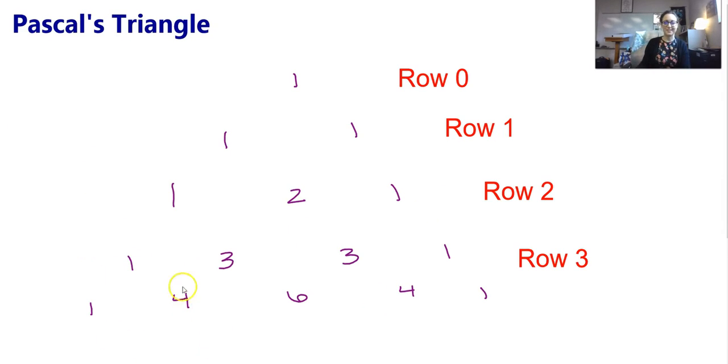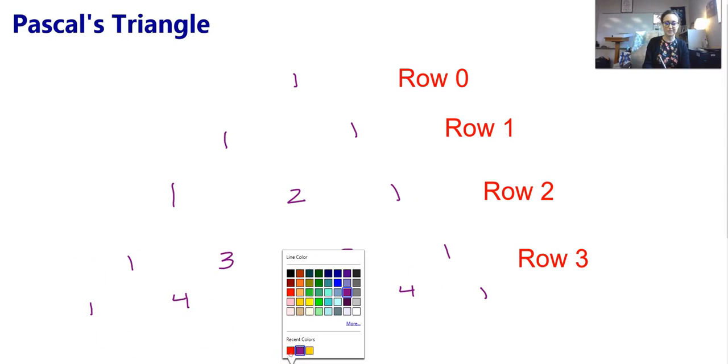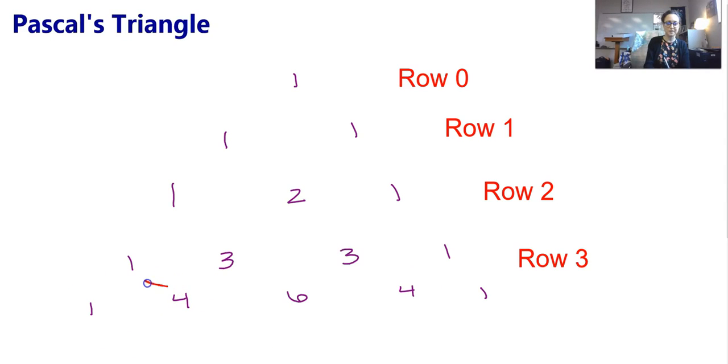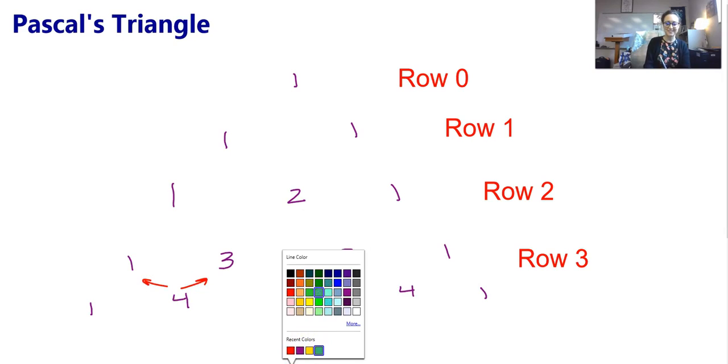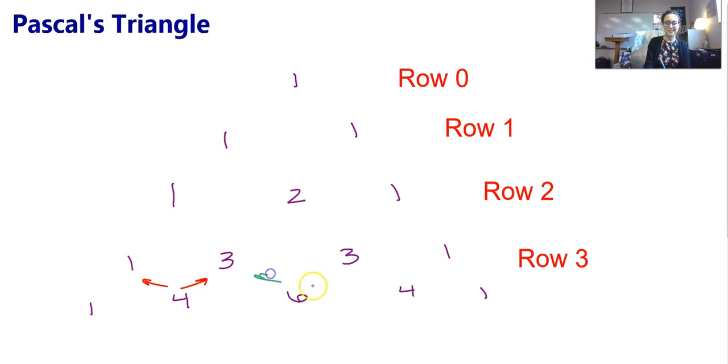Hopefully you are seeing that if I pick an inside number, it's going to be the 2 diagonals above it added together. So for example, 4 is 1 plus 3, right? 6 is 3 plus 3. 4 is 3 plus 1.